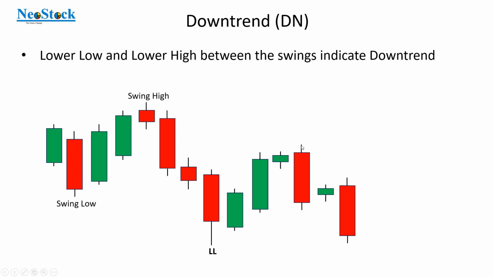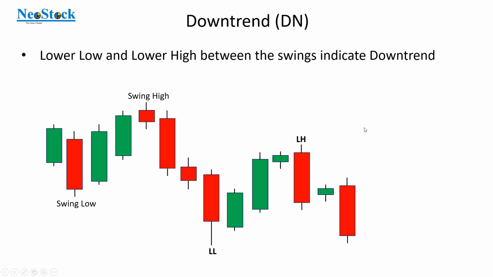It is a lower value. The previous one is a higher value, now a lower value. That's why the present swing has the lower high. We are calling it LH. LH indicates lower high. That means the high of the present swing is lower than the previous swing high.